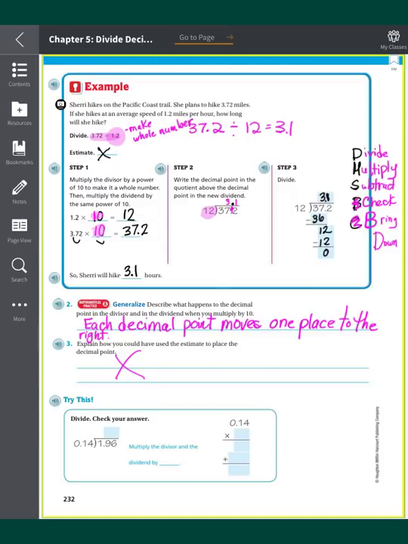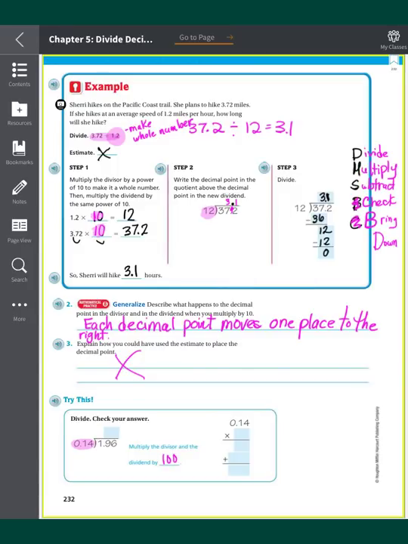So remember, we need this number to be a whole number. So in order to do that, that's hundredths. So that's 14 hundredths. So we're going to multiply the divisor and the dividend by 100.